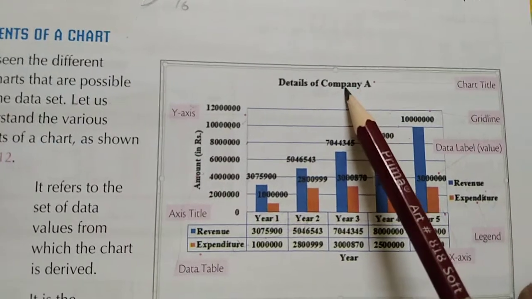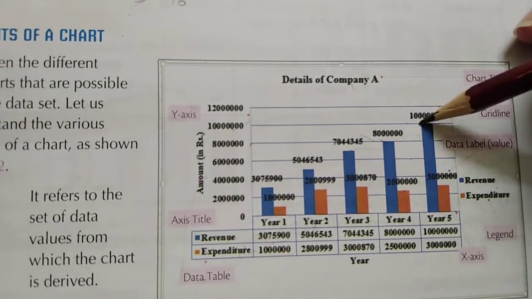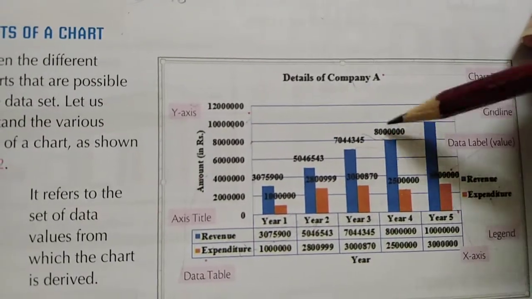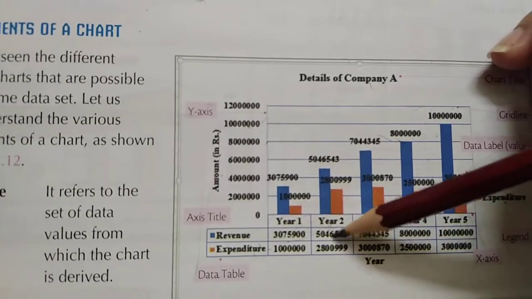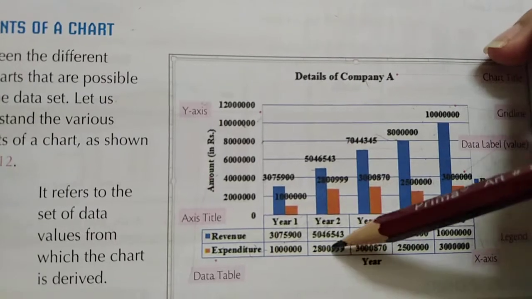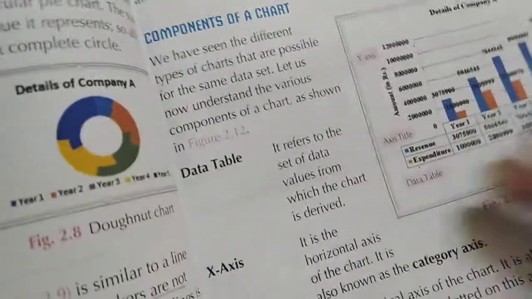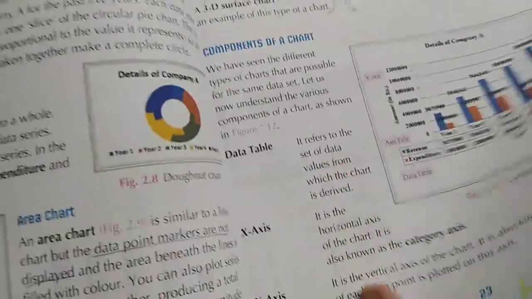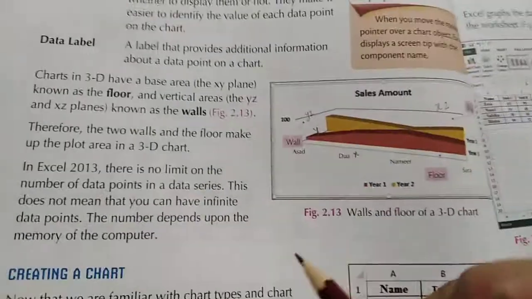This is the title of the chart, and the value shown on each bar is the data label value, meaning the value of each bar is written here. You can have the detailed information through here, just read it by yourself.